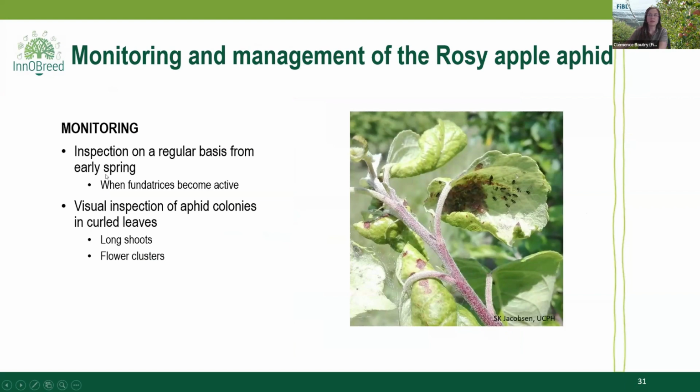So you inspect your trees from early spring on, and when you have curling, usually it's too late, because you can see here in the curled leaf, there's already a massive colony under this leaf.